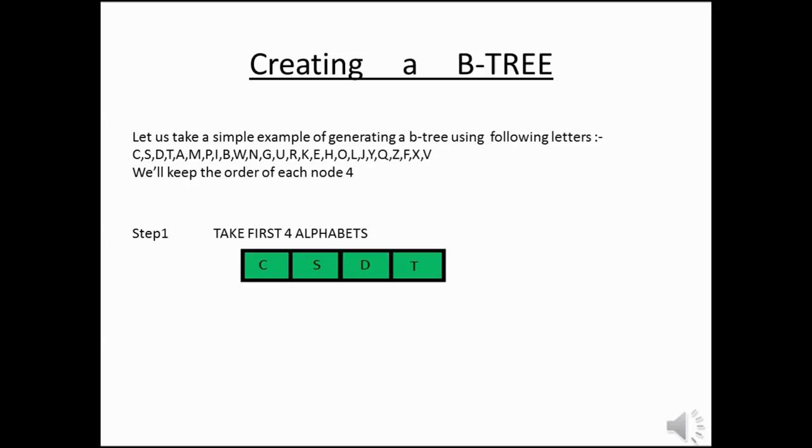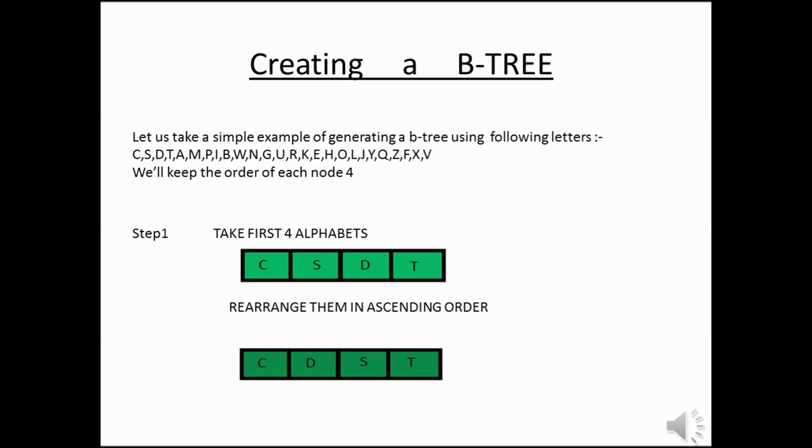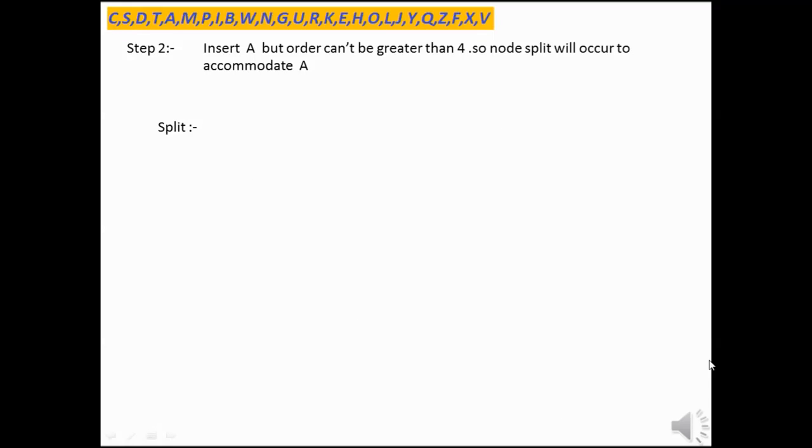So we'll take the first 4 elements C, S, D and T and put them in the node. Then we have to rearrange these letters in the ascending order. So we'll get C, D, S and T. Now the first step is over.